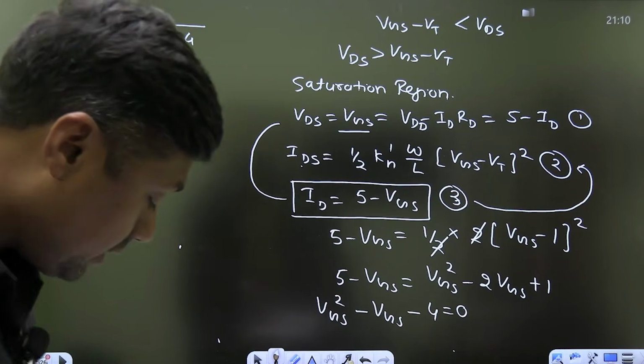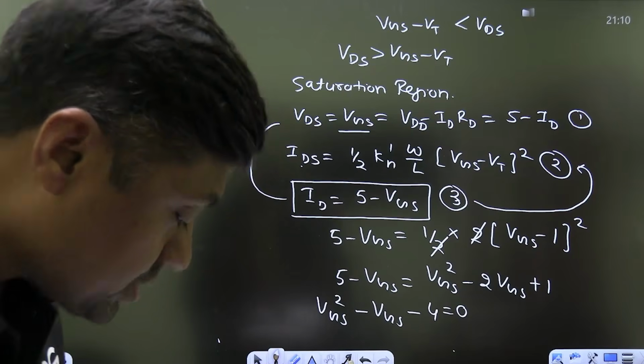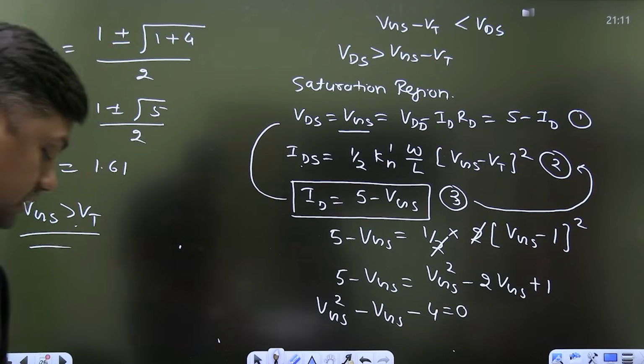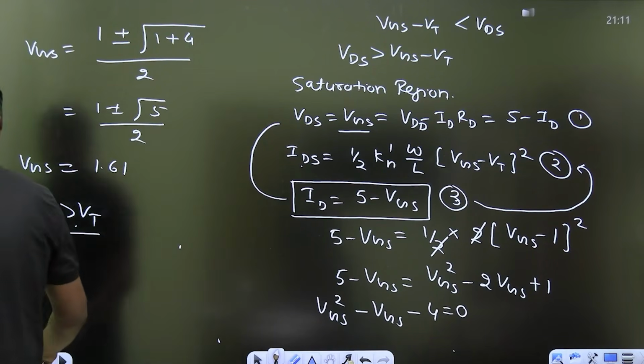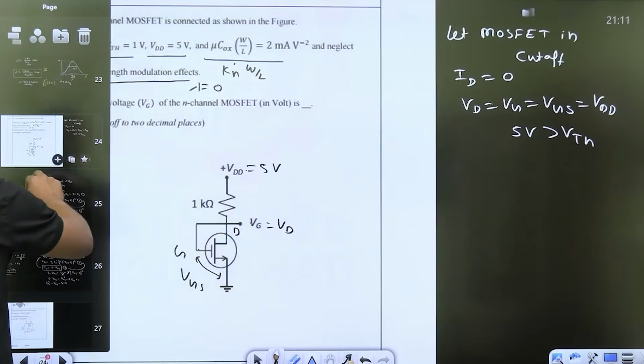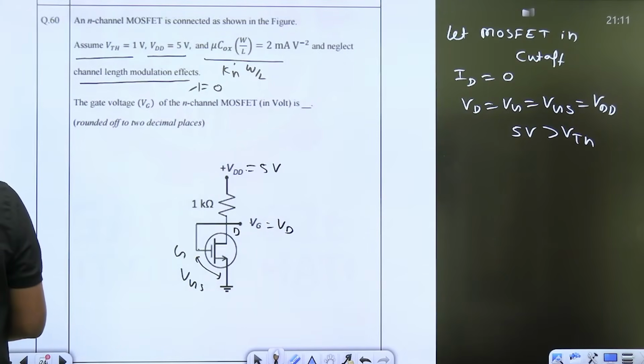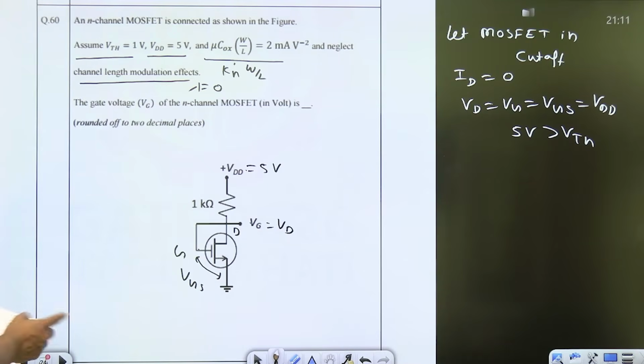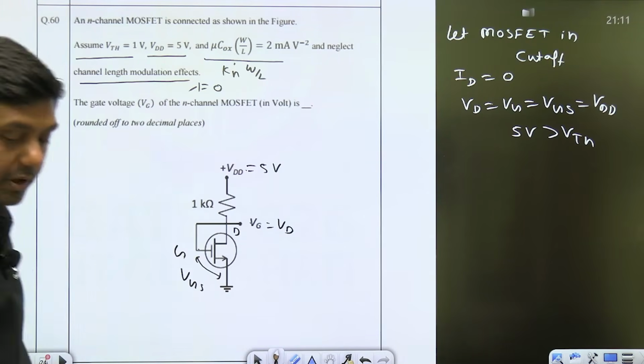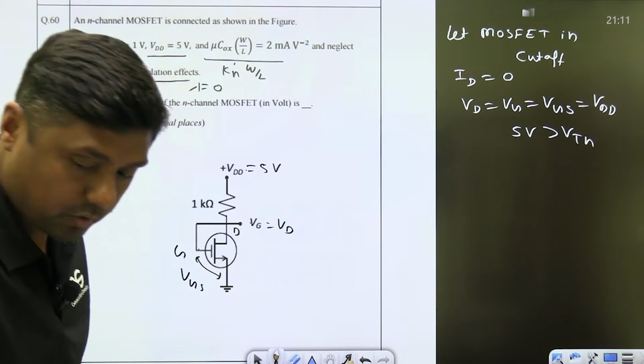Which one is the question number? What is the answer provided by GATE? 2.50 to 2.60 it is given, na? 2.50 to 2.60. So we will do our proper calculation. Yes, 1 minute, wait for that.